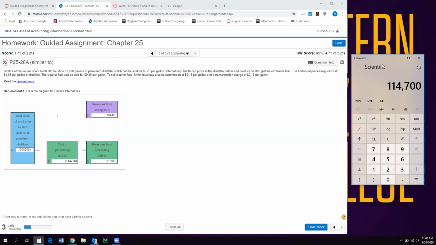Our revenue from processing further is $9 times 57,000, 513,000. So it didn't like that. I don't believe it was asking us to go net of these costs, but it's telling me that something's wrong, right?